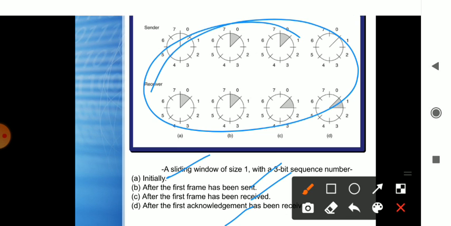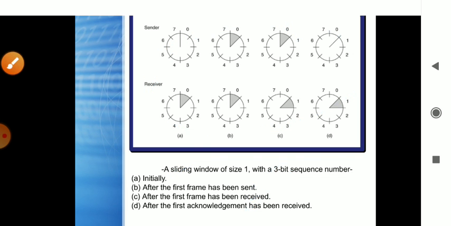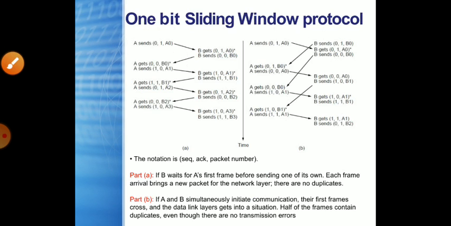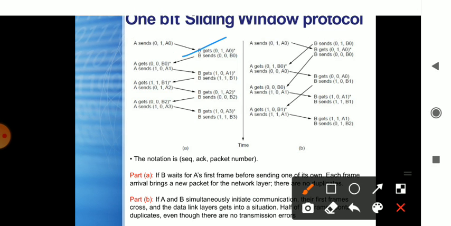First frame sent, first frame received, acknowledgement also received. That is how it happens in the 3-bit sequence number. In the 1-bit sliding window, it is 1 to 1 communication. 1 is sent and received. First the 0th frame is sent and received. It gets the frame, it is received, and so on.